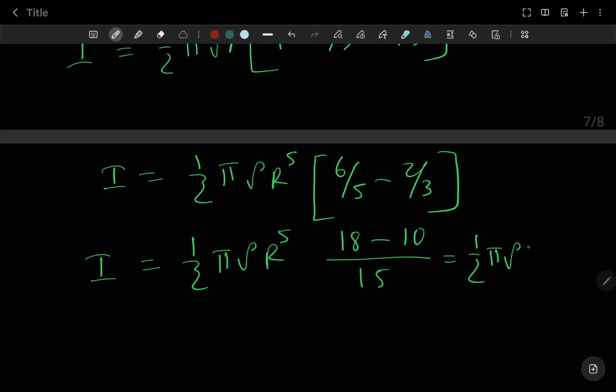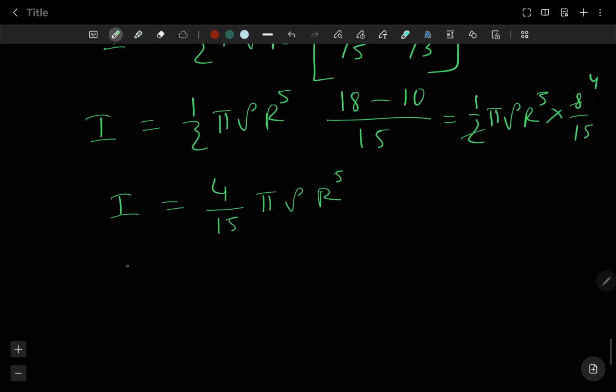So half pi rho R to the power 5 into 8 by 15. So I am getting 4 by 15 pi rho R to the power 5.